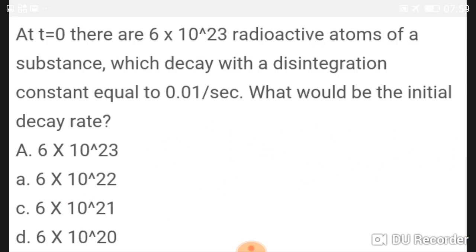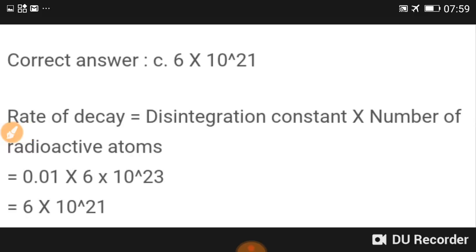So C is the answer. See here, rate of decay equals disintegration constant into number of radioactive atoms.